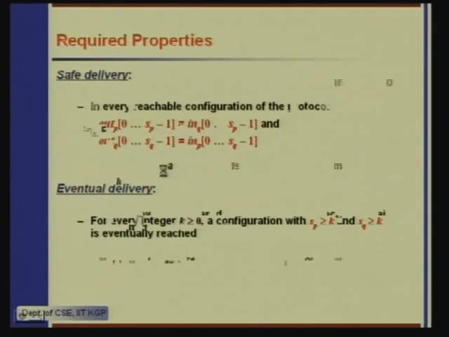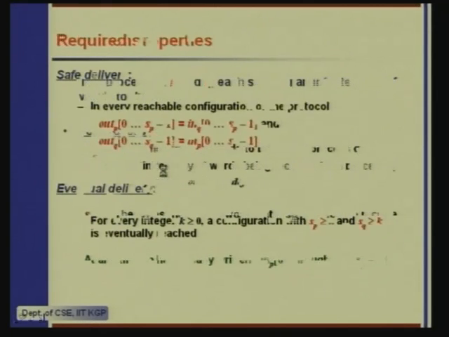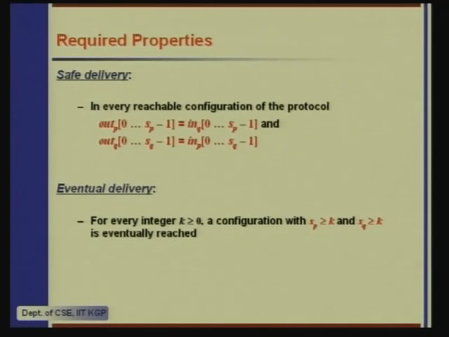We require two properties in this protocol. The first requirement is that we should have safe delivery. That is, in every reachable configuration of the protocol, out P 0 through SP minus 1 should be equal to in Q 0 through SP minus 1. What is out P 0 through SP minus 1?